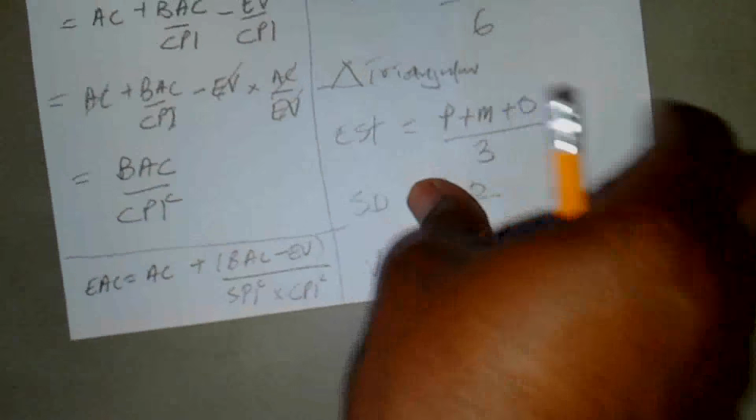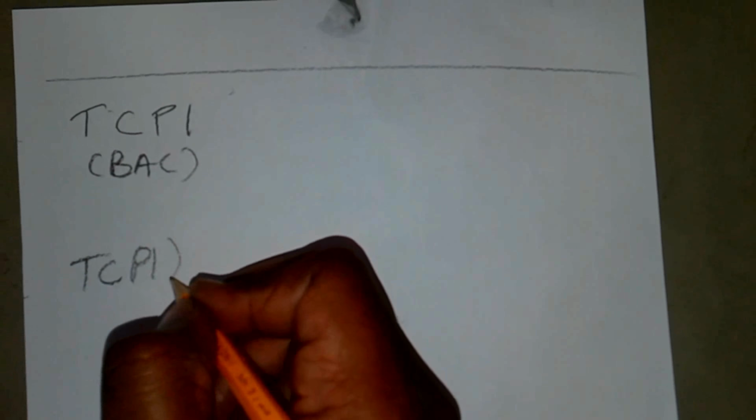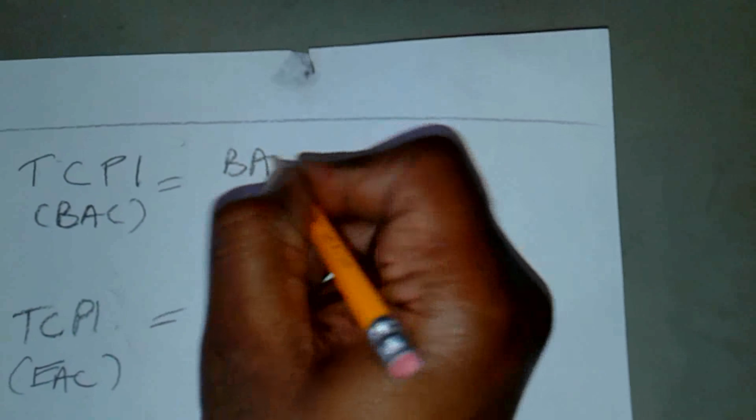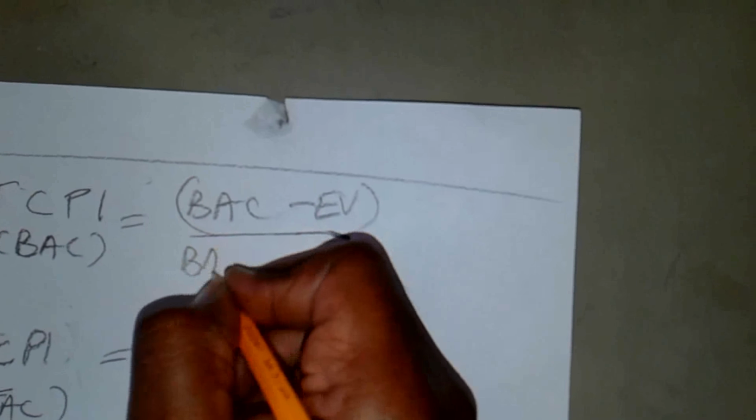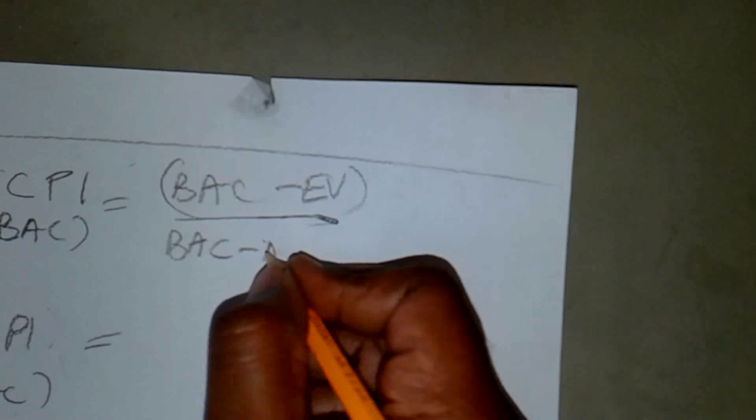There are actually a couple more formulas. Let's do the last two formulas. We're going to do formulas for TCPI: TCPI based on the budget at completion, and TCPI based on the estimate at completion. The first one is BAC minus EV to give you the work remaining. Funds remaining is BAC minus AC.